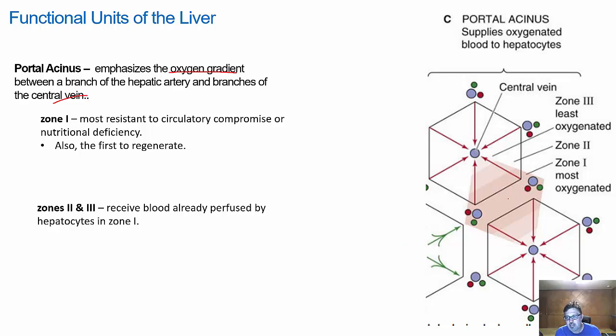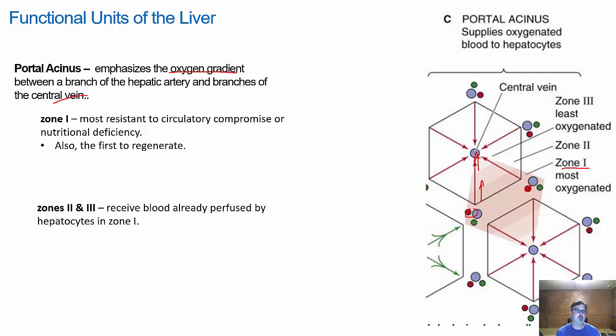So these guys out here, we'll say this is zone 1, they have the most oxygen because they're sitting literally right next to these branches from the hepatic artery. So this is what we like to think of as zone 1. Highly oxygenated, just came in, and is nice and fresh. But then as the blood flows inwards, it will become less and less oxygenated, just like that.